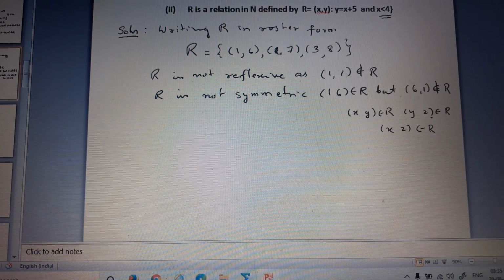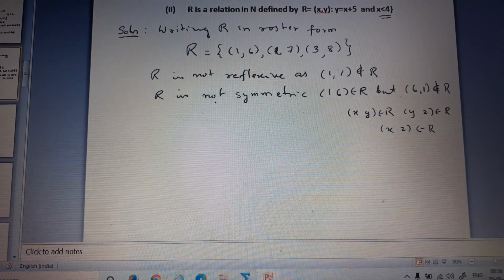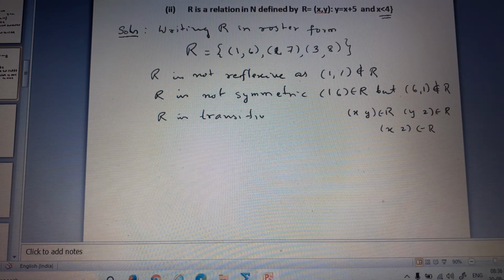But here, if the condition itself is not there, for example, (1, 6) is there, if at all I want to check whether it is transitive, there must be an element which starts with 6 and something should be there. So there is no such pair here. So we can't say that it is not transitive, therefore you have to accept it as transitive. So you have to write R is transitive.